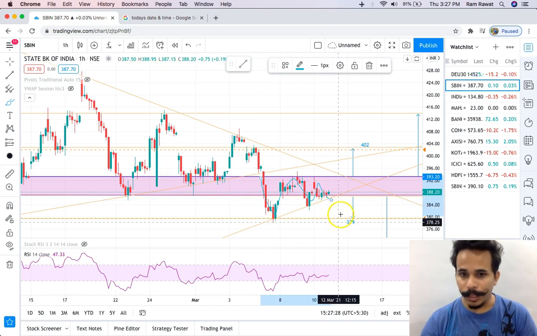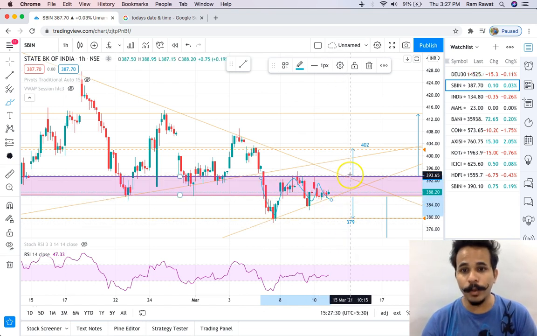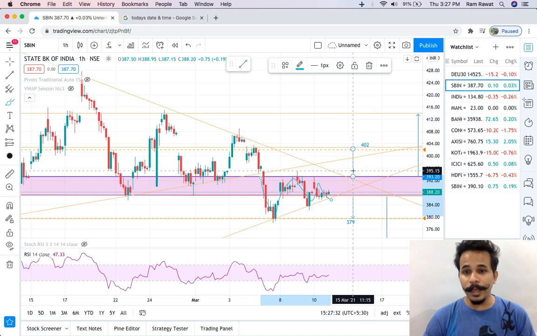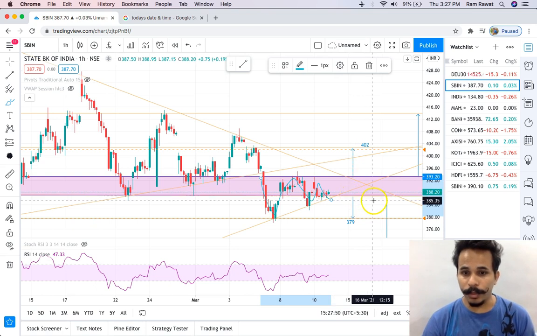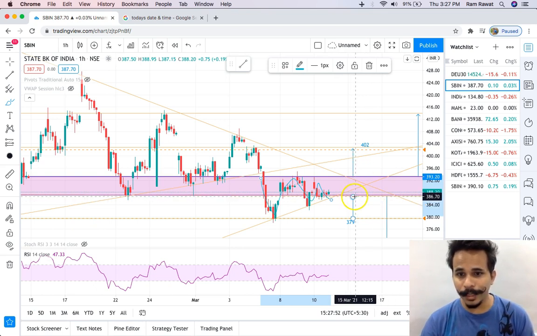It can go in either direction, but we must enter the market only when it is above this line, that is above 393, or when the stock is going below 387, something like 387, 386.